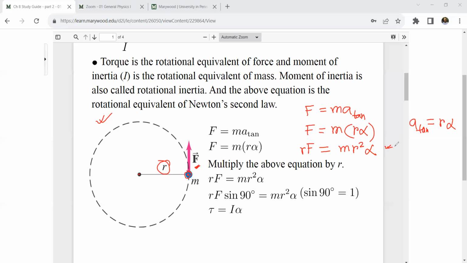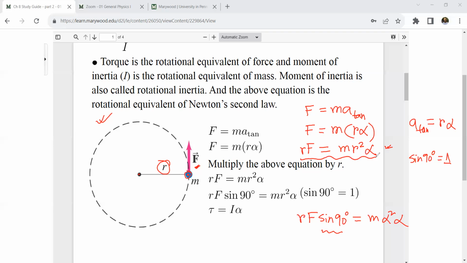Now you know that sine 90 degrees equal to 1, so I can write that equation as this. Multiplying something by 1 is basically the same thing, so we did not change anything.